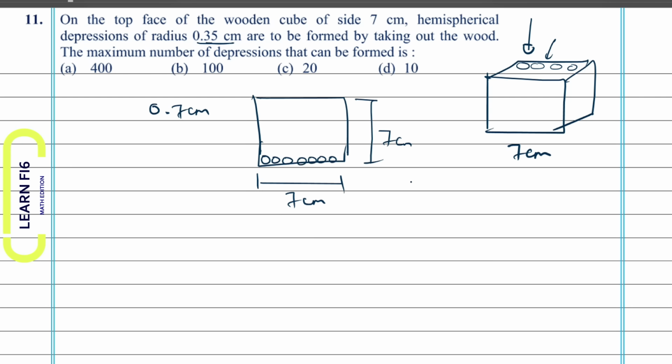Each depression's diameter is 0.7 centimeter and the entire length is 7 centimeters. To find the number of depressions, we divide the total length of the cube by the diameter of each depression. So we will get 10. We will have 10 on this side, and similarly 10 on that side. So the total number should be 10 into 10, which is 100.